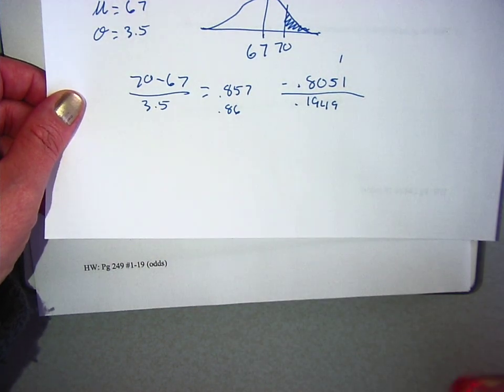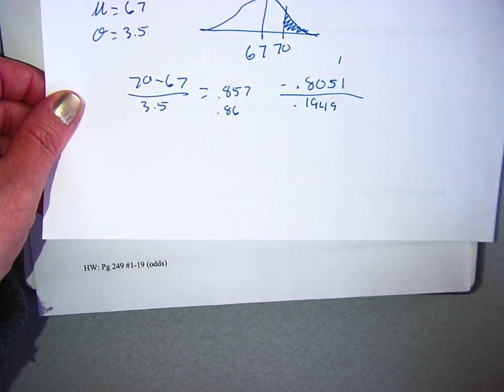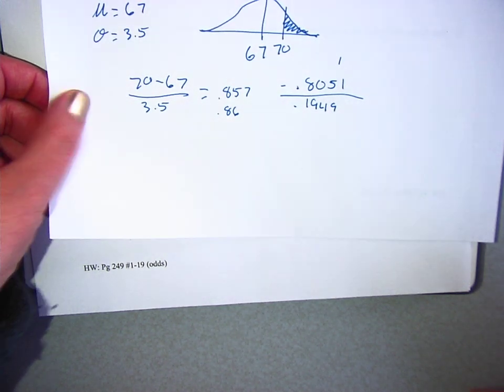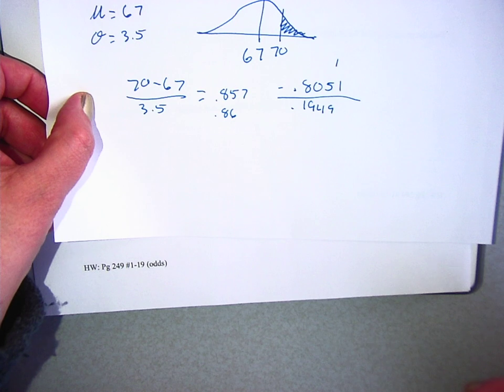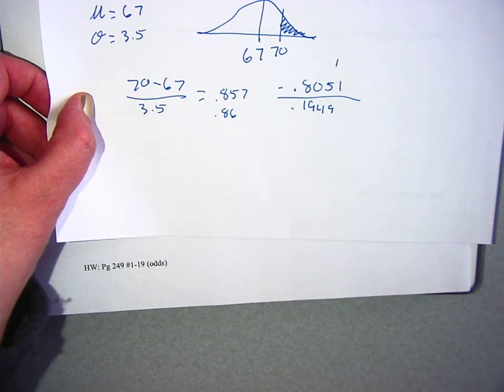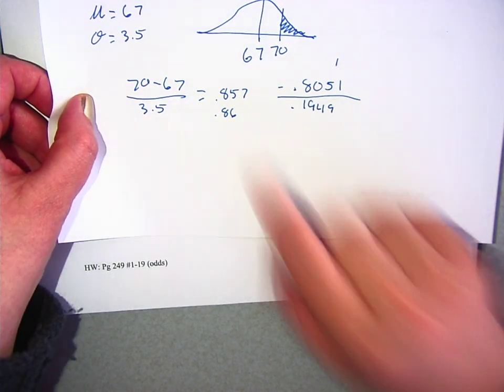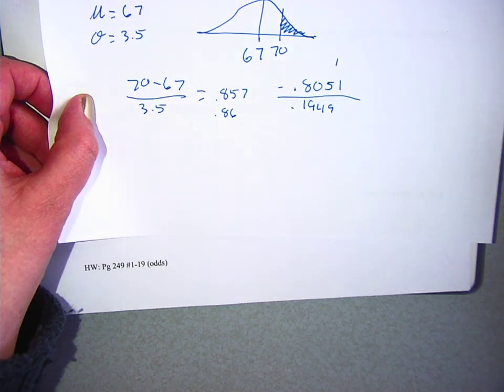If it's 0.855, then it's halfway between, then you find the average. The exactly-half case only matters for confidence intervals and for testing. For right now, you can assume that you're always going to round to the nearest hundredth.